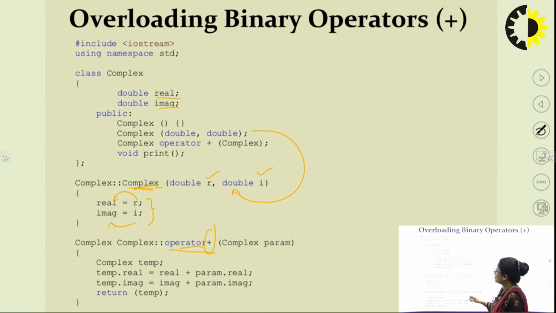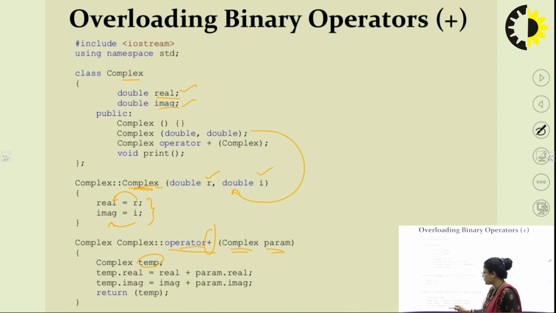We are talking about the particular class complex which has the operator function. That class has its own member data, real and imaginary, and to that we are passing an object of type complex, and we presume the name of that object is param. So we create a temporary object temp.